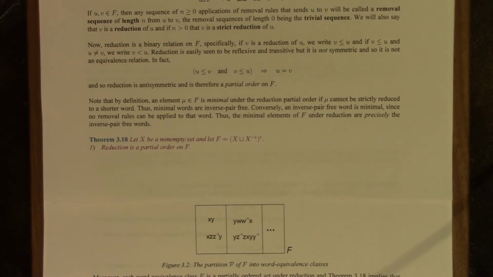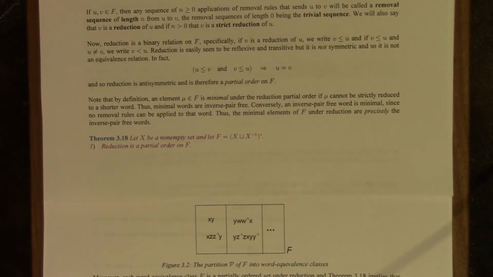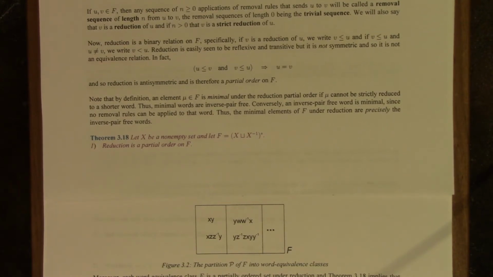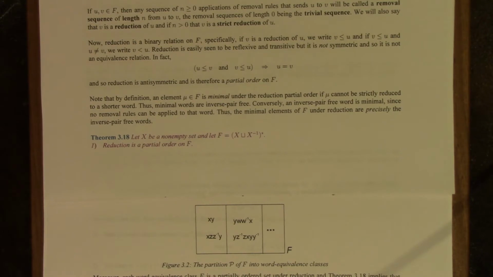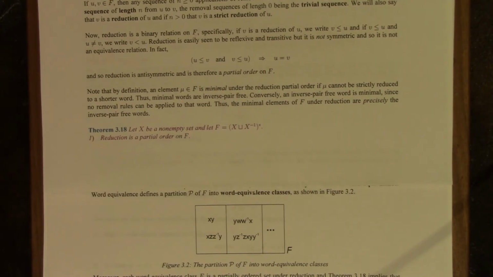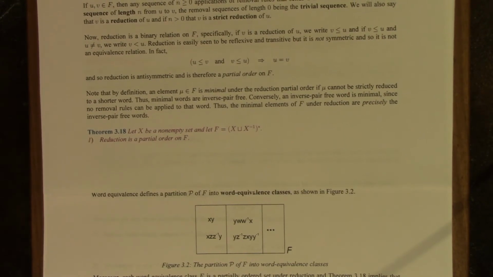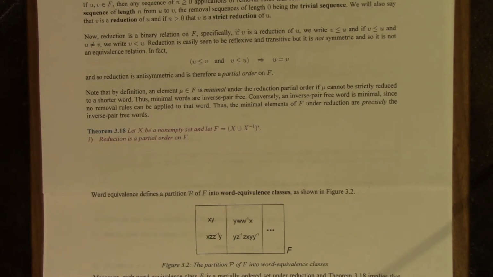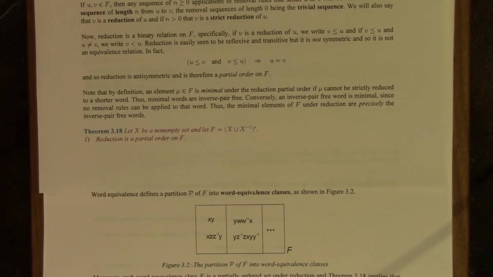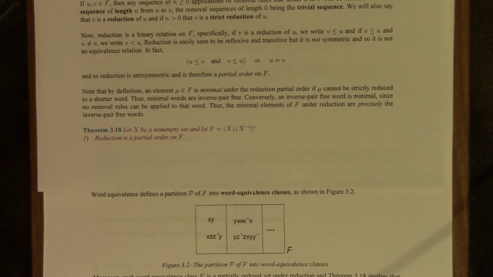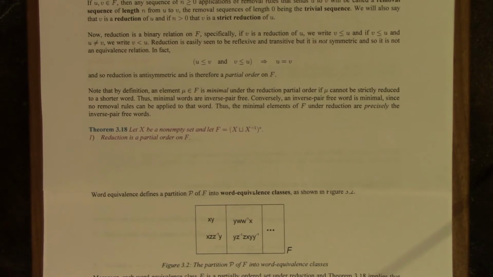Conversely, any inverse pair free word is minimal because you can't apply any removal rules. So you can't find anything less than or equal to that word. So the minimal elements in the monoid under the partial order of reduction are precisely the inverse pair free words. And this should not come as a great surprise.